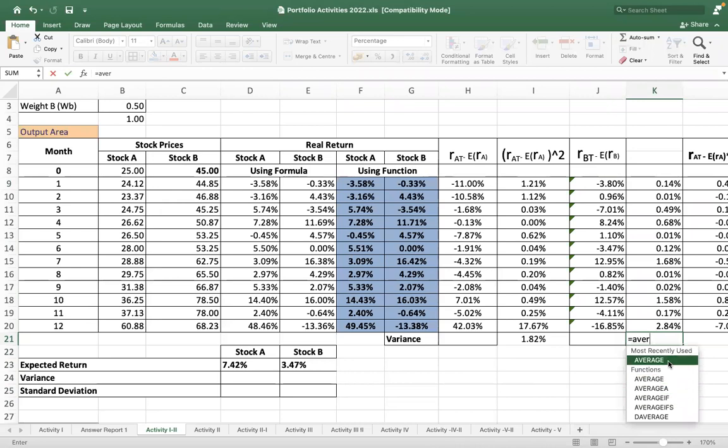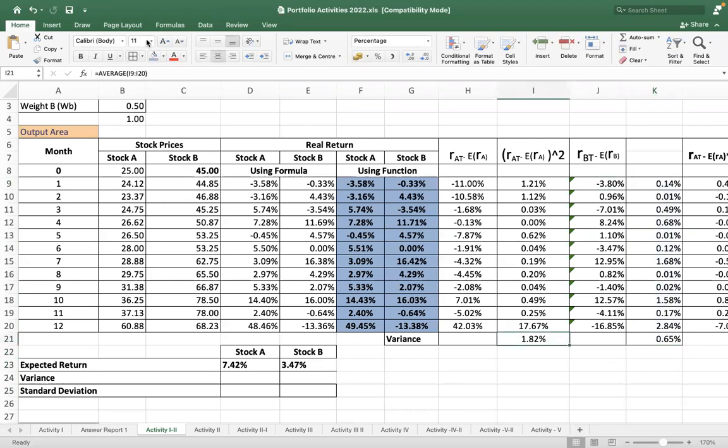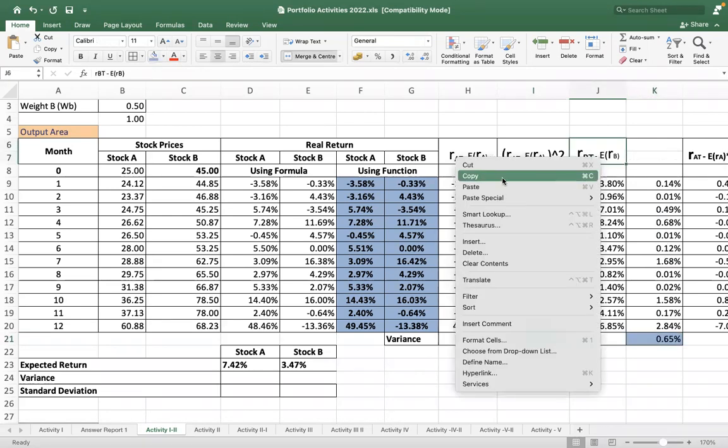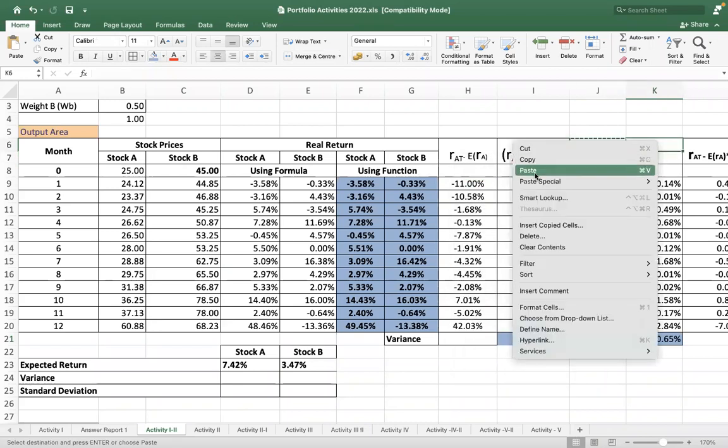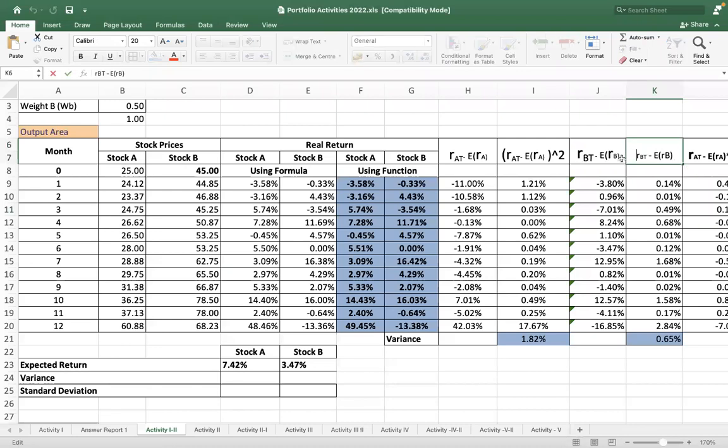Average, this is the variance of these two. Right.